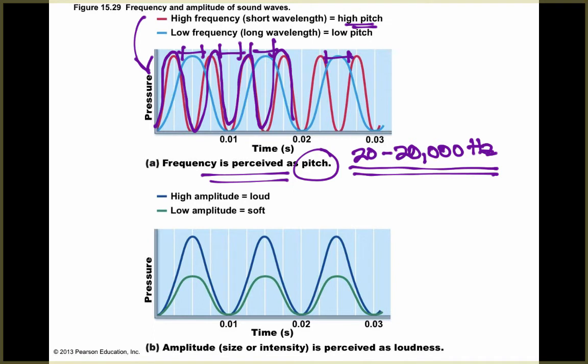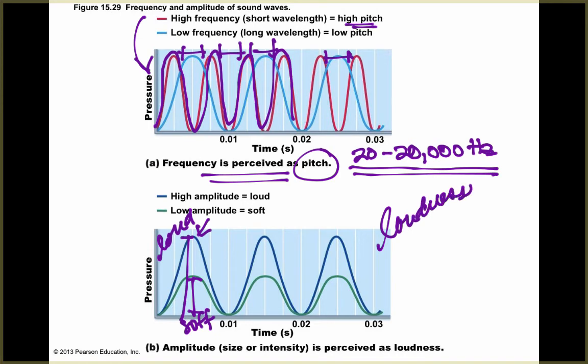Now, amplitude is how loud or soft something is, right? And so it's the height of the crest. So this one right here, not very high, right? So this is soft. And if the crest is really high, it's loud, right? So the height of the crest is the amplitude, and that is perceived as loudness. Okay.